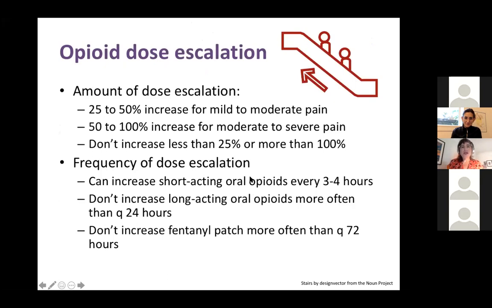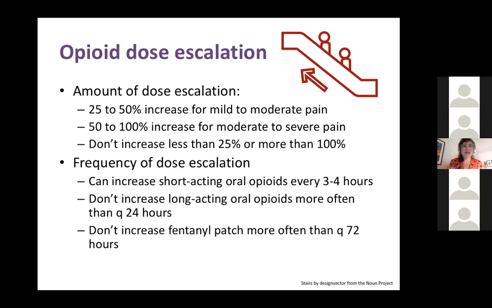There are only a couple of things that I think you should actually memorize from this talk. The other things you can look up on the slide or write down and look up later. One thing that I do suggest remembering is that the amount of dose escalation for opioids should generally be between 25 and 100%.